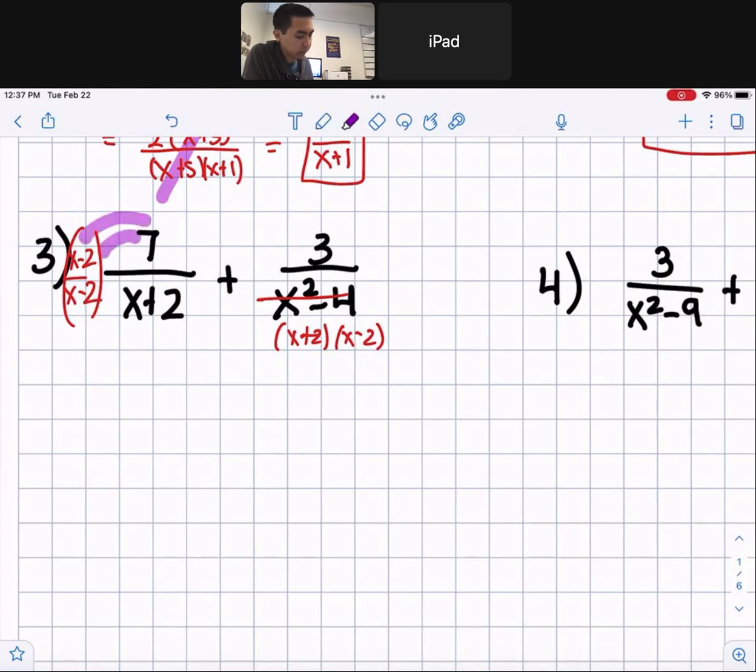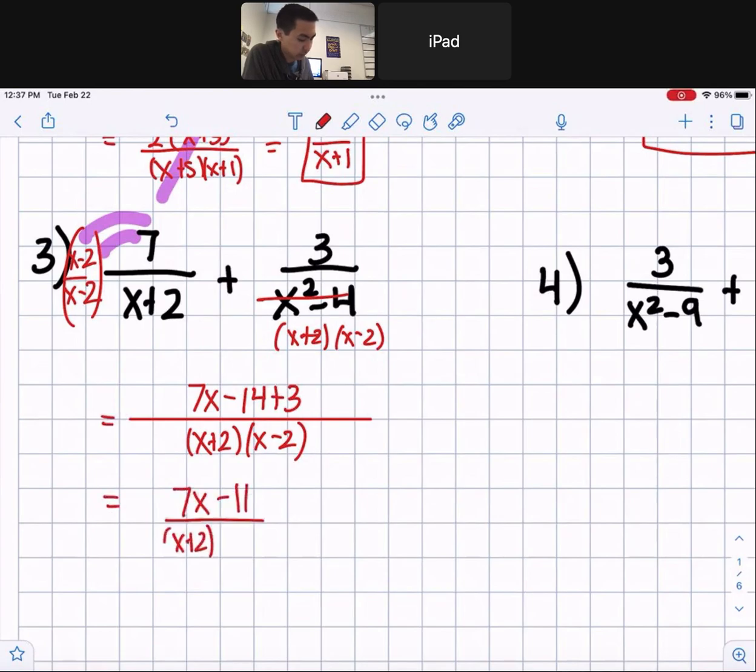Distribute the 7. So we're going to have the same common denominator of x plus 2 times x minus 2. 7 times x is 7x. 7 times negative 2 is negative 14, plus 3. Negative 14 plus 3 is negative 11, all over x plus 2 times x minus 2.